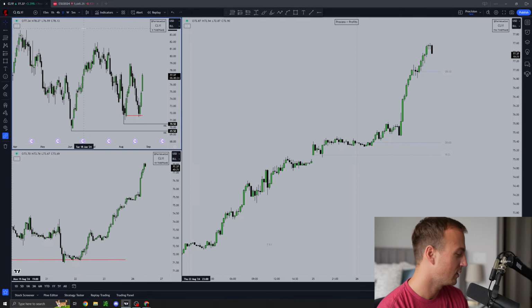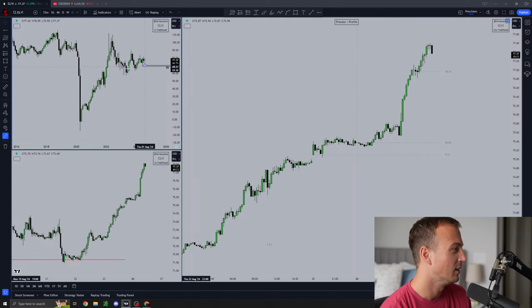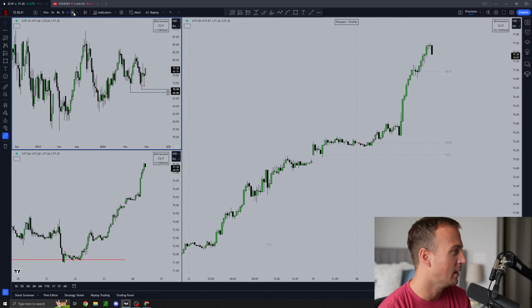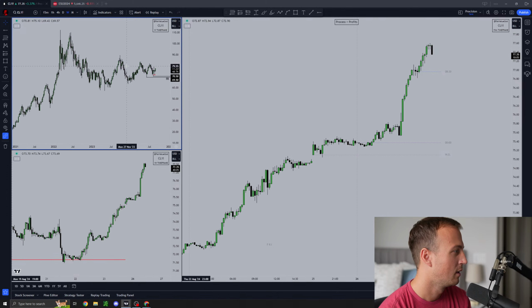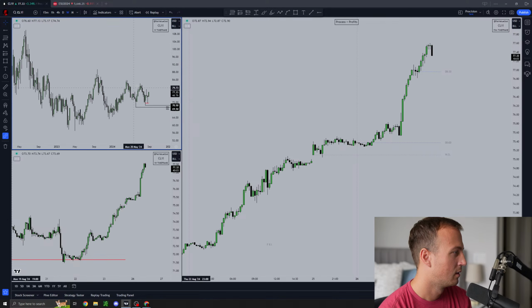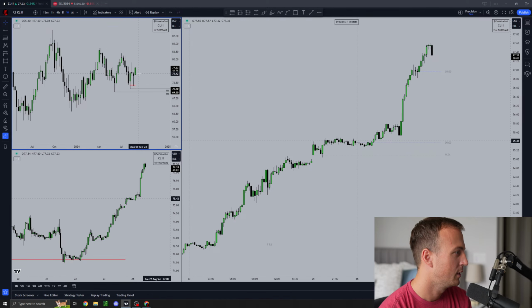Let's look at oil on the monthly real quick. Look at the monthly chart, bro. It looks like it's ready to pop, just consolidating after that drop where it went negative. The monthly has been consolidating for a minute, I'm talking 2022. Here's the weekly.